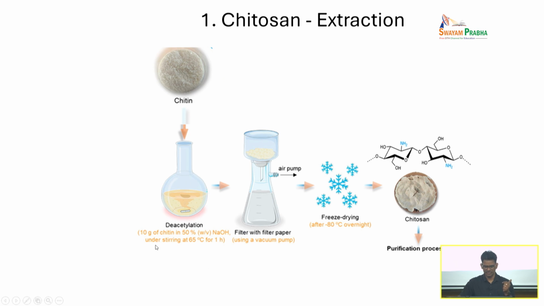That is actually done through stirring with, again, a very high concentration, 50% NaOH, to do deacetylation, and then you basically filter, remove, and then freeze dry, and then you get a chitosan powder. So here you can see that the acetylated amine has now become simply an amine, and this has been achieved simply by treating with a very high concentration of NaOH. So that is deacetylation.